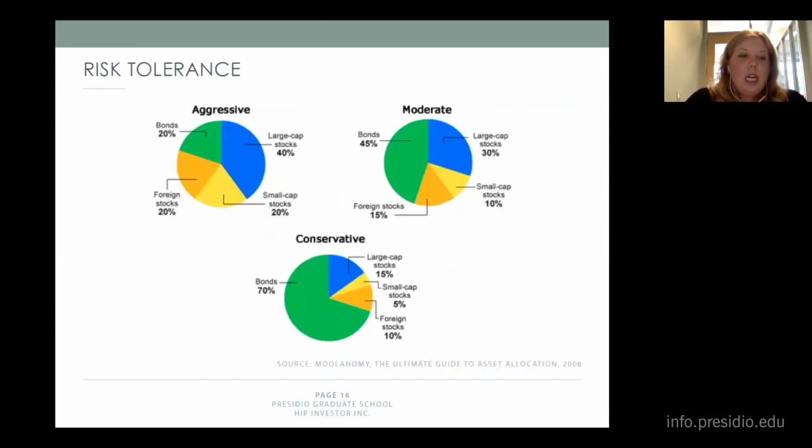So incorporating asset allocation as well as ESG screenings can help balance the risk and reward in your portfolio. Everyone's individual goals, risk tolerance, and time horizon are different.